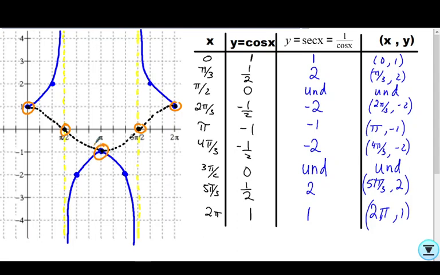The difference is, of course, that instead of those zeros on the center line being points, they're asymptotes, and those maximum minimum points are going to be those points where they reciprocate and change direction. Okay, those critical points.